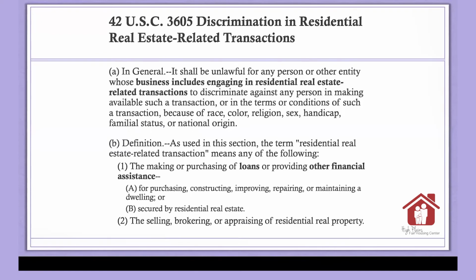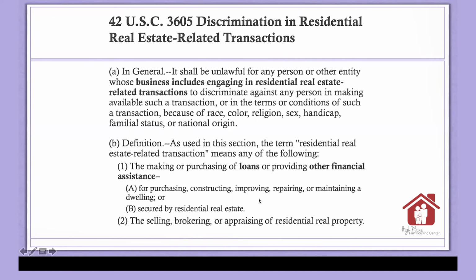So in general, it's unlawful for any person or other entity whose business includes engaging in residential real estate related transactions to discriminate against any person in making available such a transaction or in the terms and conditions because of 7 protected categories. And this includes the making or purchasing of loans or providing other financial assistance for purchasing, constructing, improving, repairing, or maintaining a dwelling, or financial assistance secured by residential real estate and things like selling, brokering, or appraising.